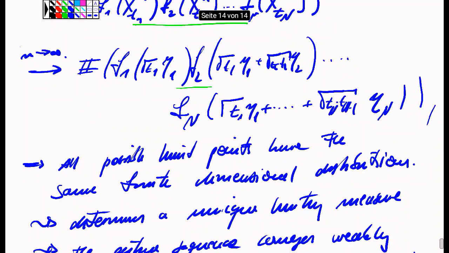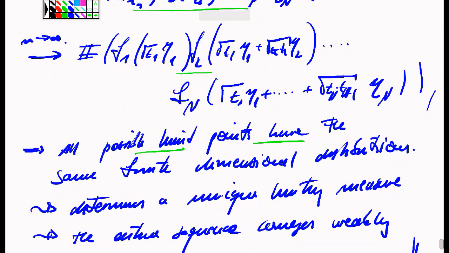on path space, which means that all possible limit points of this sequence of random variables, after we take subsequential limits, which we can do by the Aldous tightness criterion, all have the same finite dimensional distributions. But a law on this path space is uniquely determined by its finite dimensional distributions.